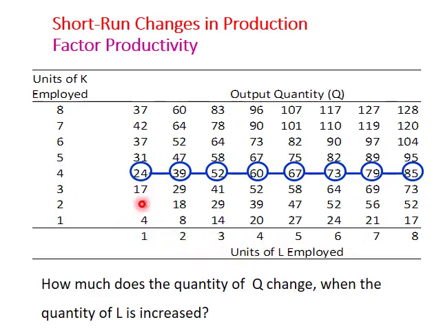So as we vary the labor, the product will be 24 with 4K and 1L, 39 with 4K and 2L, and with 3L it will be 52, and 60 with 4L and 4K, and so on. So as we add more and more L, we can increase the product, the total product, the output.